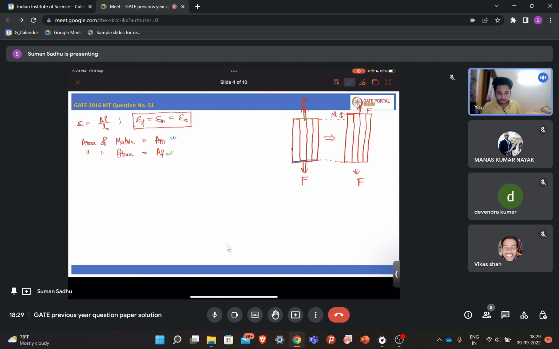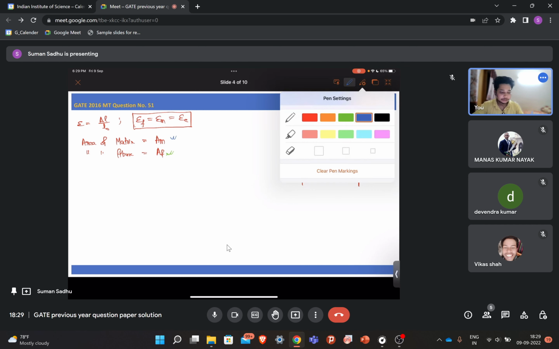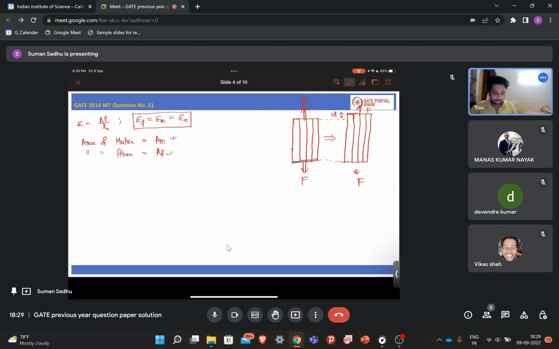Now you know the relationship between force and stress, right? What is stress? Sigma F will be the force on the fiber divided by the area of the fiber. Similarly, sigma M will be the force on the matrix divided by the area of the matrix.